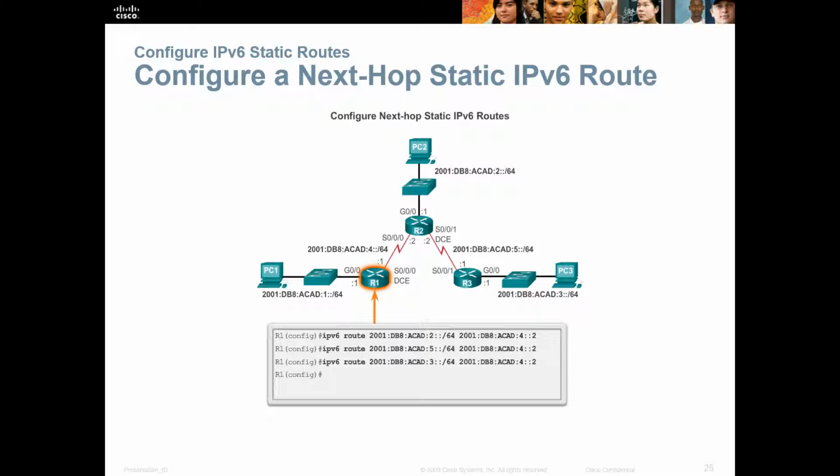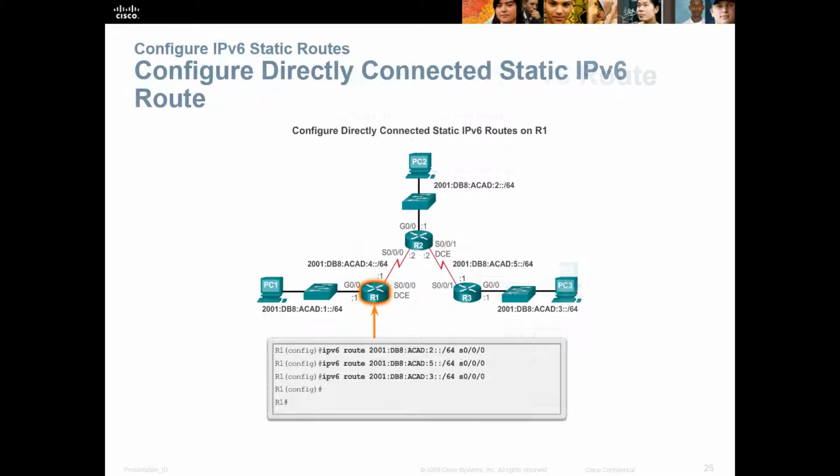The difference here is in the ipv6 route, the numbers are going to be different. Instead of using an IPv4 address in dotted decimal form, we're going to be using an IPv6 address with slash notation. That's really the difference. Same thing, except this is going to be a static route using an exit interface instead of a specific IP address.